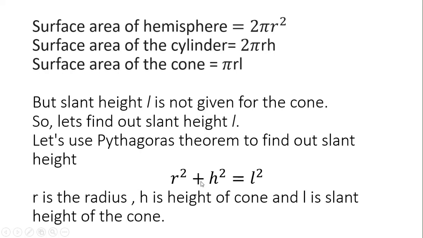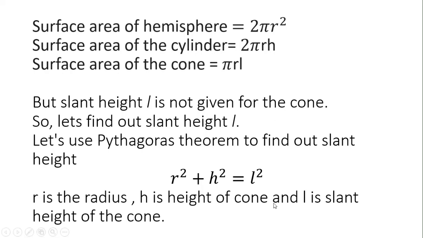Because in a right circular cone, the slant height, the radius and the height of the cone form a right angle triangle. As we are able to apply the Pythagoras theorem, it is easy for us to find the slant height of the cone also.